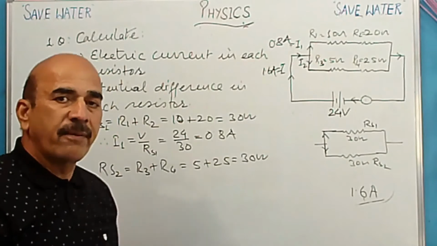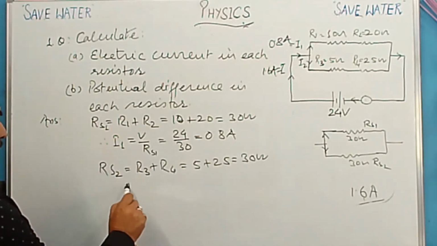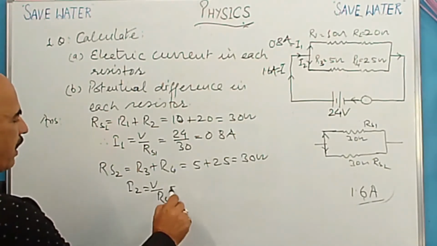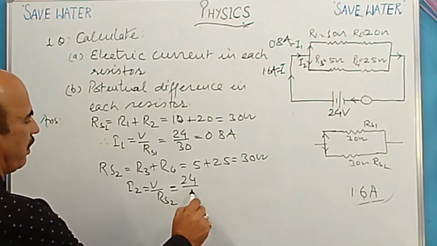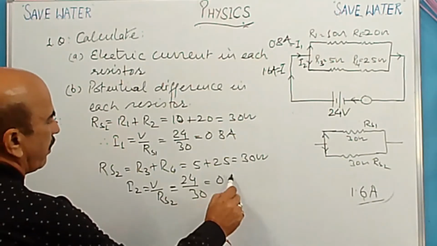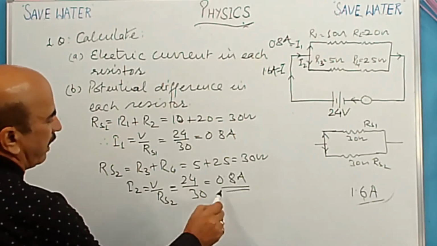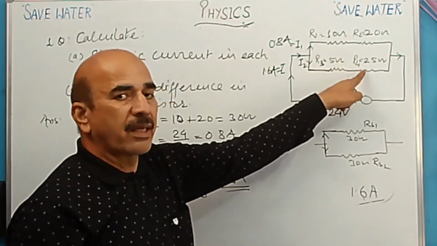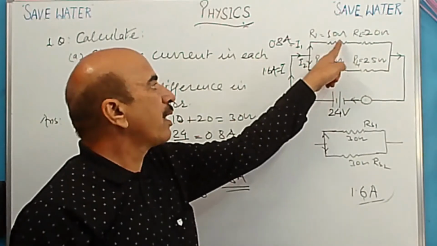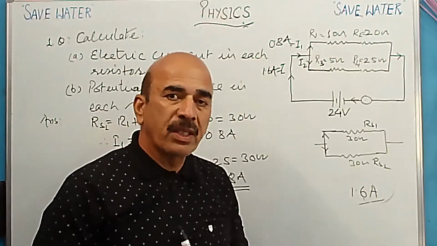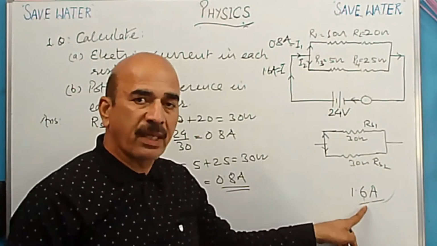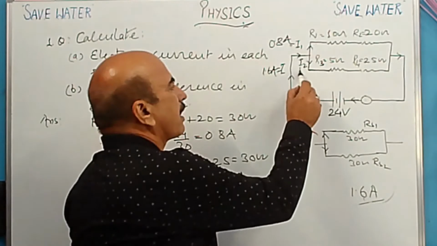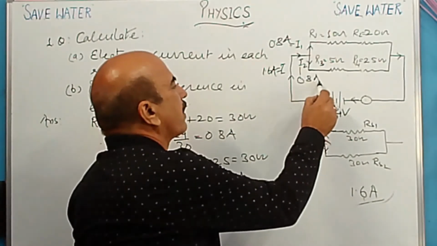I2 is equal to V upon RS2 and it is 24 upon again 30. What do we get here? Yes, 0.8. So see, because the combination of these two is 30 here, the equivalent resistance is 30. Here also the equivalent resistance is 30. Therefore 1.6 ampere current is divided into two equal parts, 0.8 ampere, and in this also I2 is 0.8 ampere.